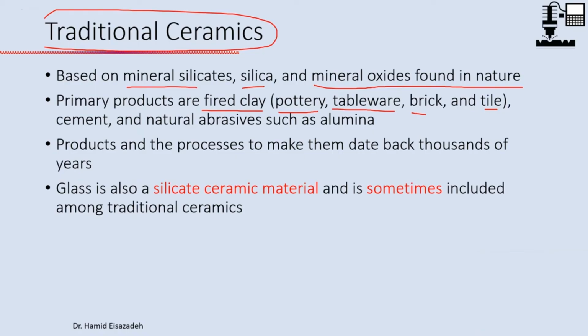Also, we have natural abrasive in the traditional ceramic, which is aluminum. Traditional ceramic has a long history, going back thousands of years. The last fact about this ceramic is that sometimes we include glass in the traditional ceramic, and glass is a silicate ceramic material.